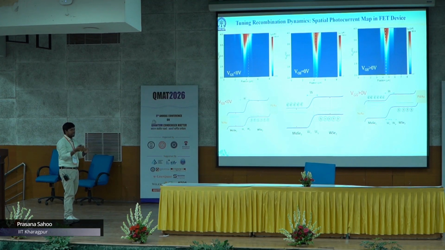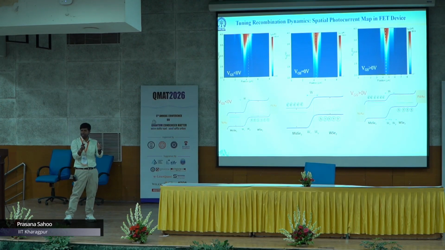That means the depletion region is shifting towards the MoS2. When you have a positive gate field and you are depleting the holes, electrons are more active, so electrons go to the hole regime and recombine. That gives us very good flexibility in tuning these interface junctions and the junction potential.